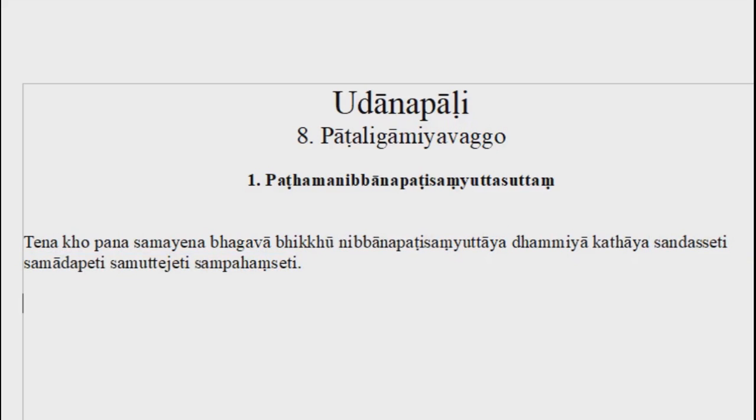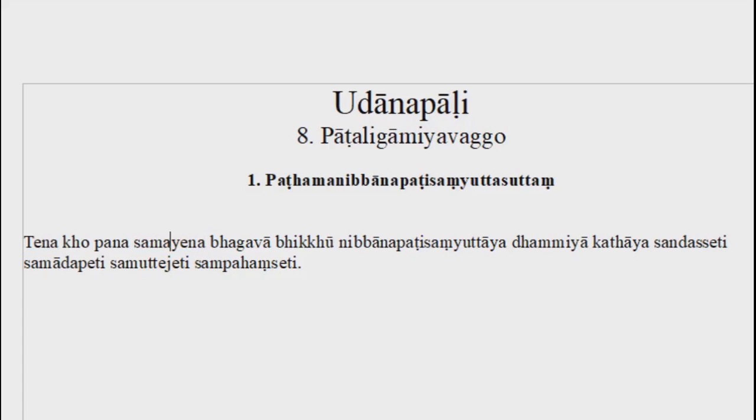Tena kho pana samayena. Tena samayena is an instrumental use of time. And it's the same word, samayena and samayaṃ. I think we can capture this well by saying on this occasion. So tena is the demonstrative pronoun, this time, this occasion, on this occasion.